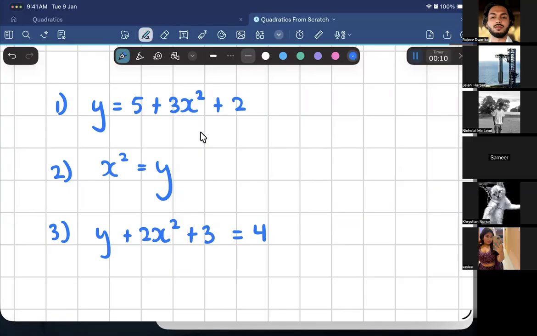Sienna, you're correct. Nia, you're not correct. You lose 1 mark. If it was 3 marks, you lose 1 mark.